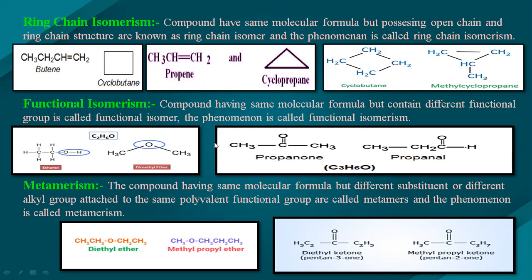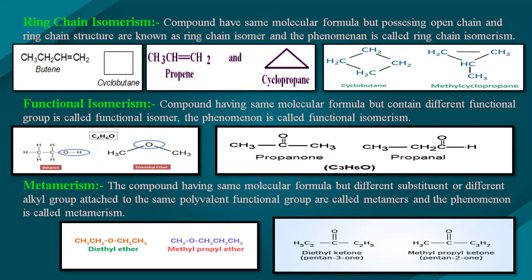Now come to functional isomerism. Functional isomerism means compounds having the same molecular formula but containing different functional groups. If you notice, the two compounds have the same molecular formula but different functional groups, and are called functional isomers of each other.